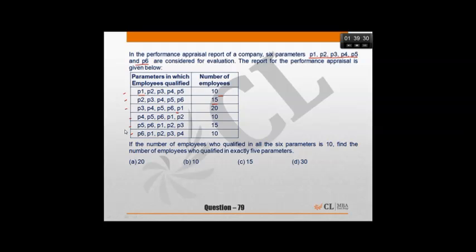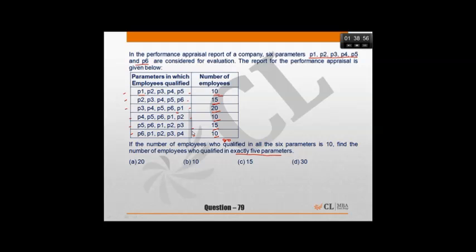So how many employees qualified in exactly 5 parameters? So 6 ways, should it be 60? If I just add all of them, what do I get? 25, 45, 55, 65, 80. So this total adds up to 80. But if I add the missing item in each one of them, should they not each become 10?